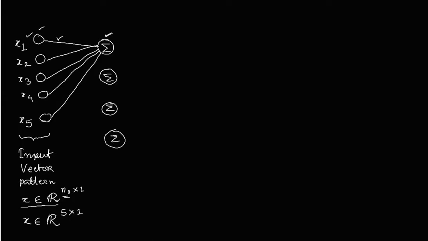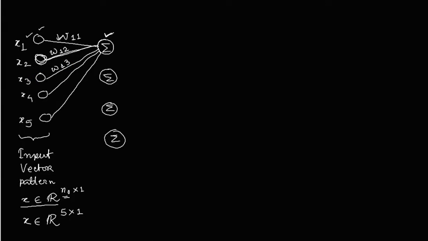So for this, the weight will be written as W11, and for this line the weight will be written as W12. So the first index corresponds to this hidden neuron, and the second index 2 corresponds to the second input. In this way we can call this W13, where 1 corresponds to this neuron and 3 corresponds to the third input.